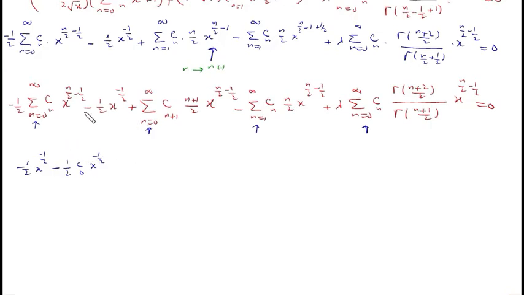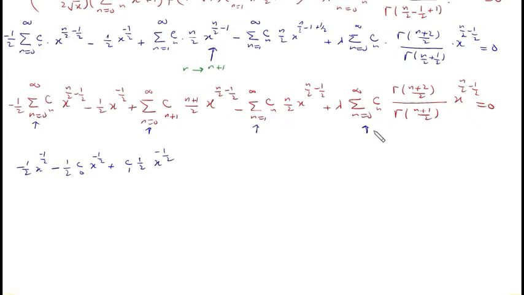Okay, then the series will start from 1, I will write it at the end, and from here again I will take one term outside, so when n is 0 it becomes c1, and then it is 1 by 2, and then x to the power minus 1 by 2. And in this series, since it's already starting from 1, there is no need to take any term out.